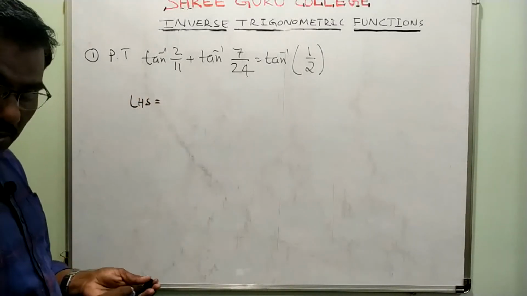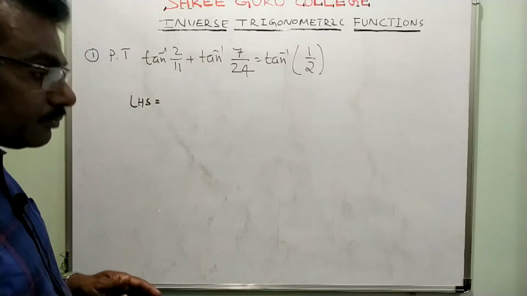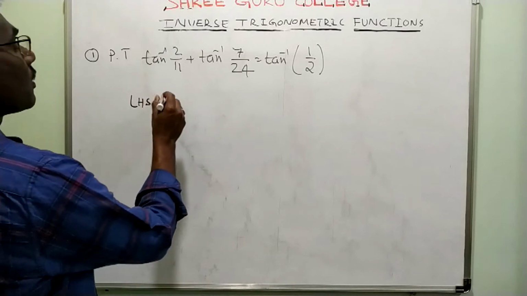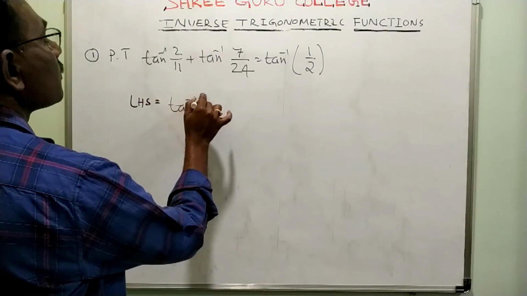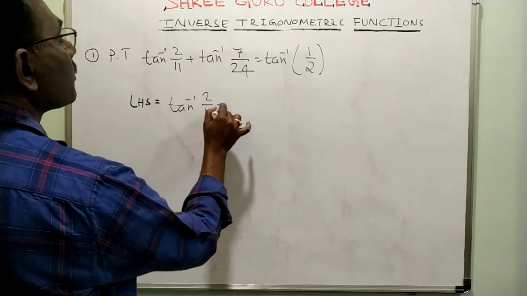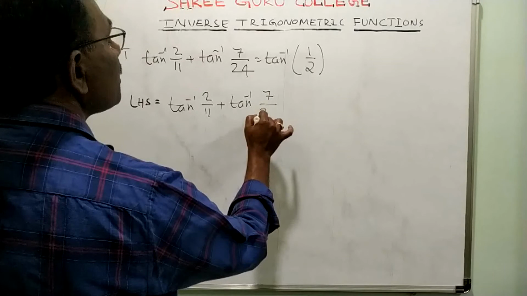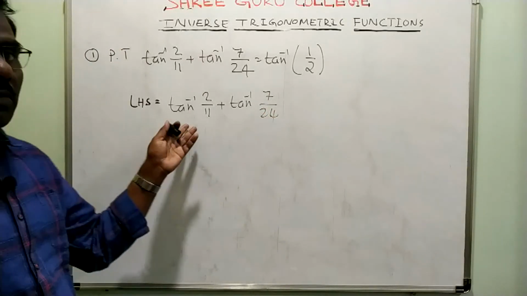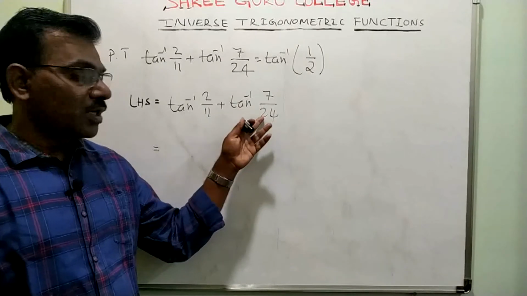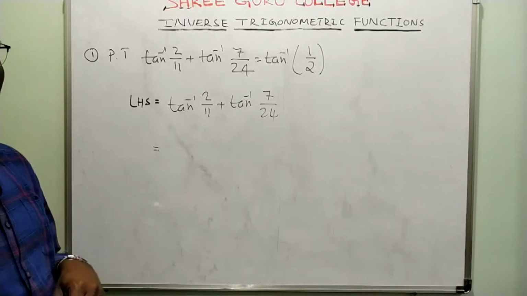LHS only: tan inverse of 2 by 11 plus tan inverse of 7 by 24. I told you, tan inverse of x plus tan inverse of y is tan inverse of x plus y by 1 minus xy.